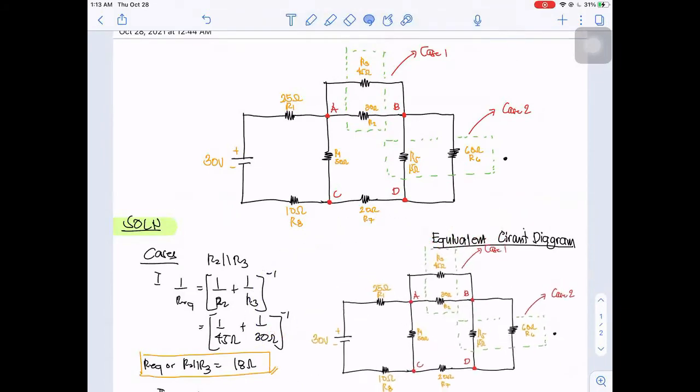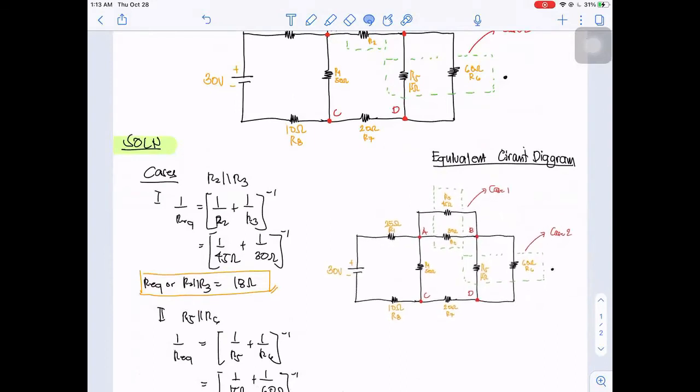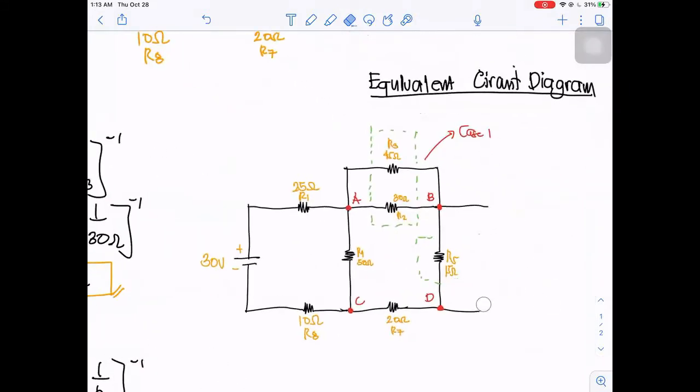And so this is not the equivalent circuit, so we'll just delete this one. We don't have this circuit anymore. Also this one.